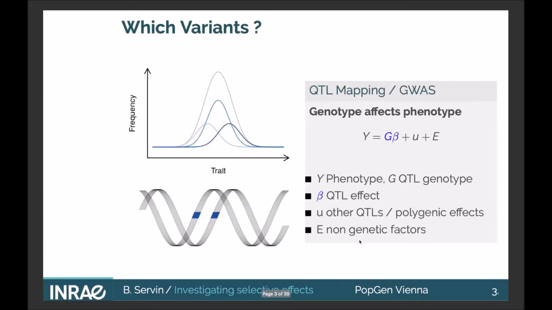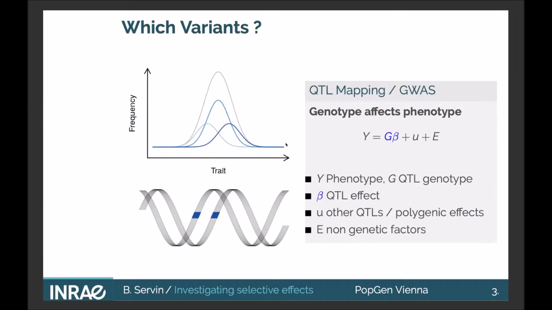When we're talking about identifying variants that affect complex traits, maybe the most obvious way is to do QTL mapping or GWAS. Here the idea is that we want to find regions on the DNA where we have variation between individuals at the genetic level that produces a difference in the trait mean, and that we can detect when we sample individuals from a population.